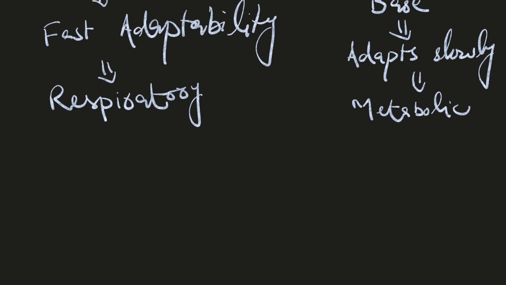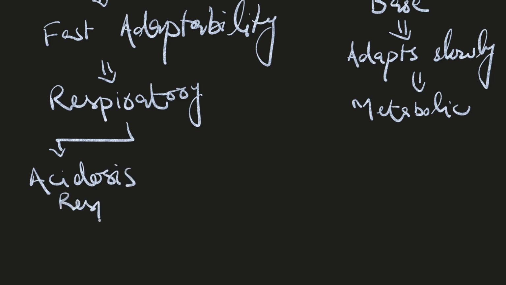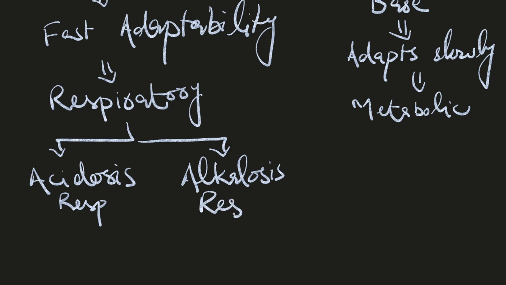So, what are the components of this carbon dioxide that is controlled by the lungs? It could be acidosis, primarily respiratory, and alkalosis, that is also respiratory. What happens?